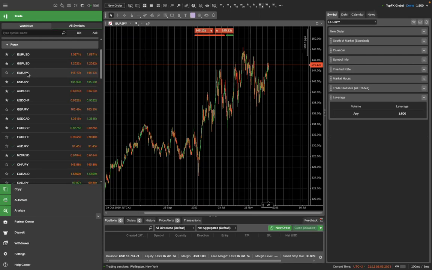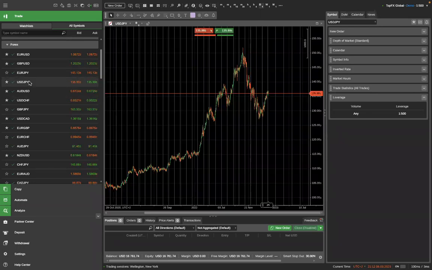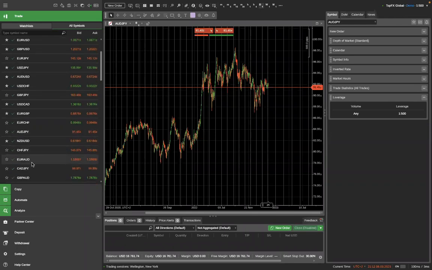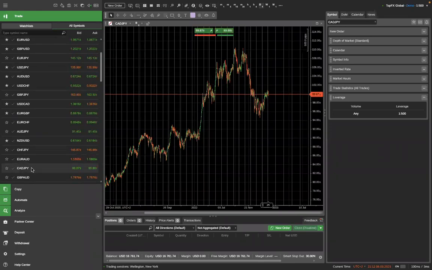Nevertheless, please notice that if euro to the Japanese yen is going up, pound to Japanese yen is going up as well, and USD to Japanese yen, as you can see, is going up as well. Australian dollar to Japanese yen can be going up as well. At least the situation when these pairs are going up together is much more frequent on the market than not. Okay, so please take a look.